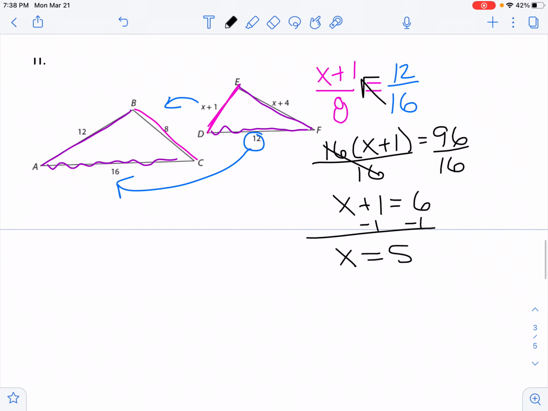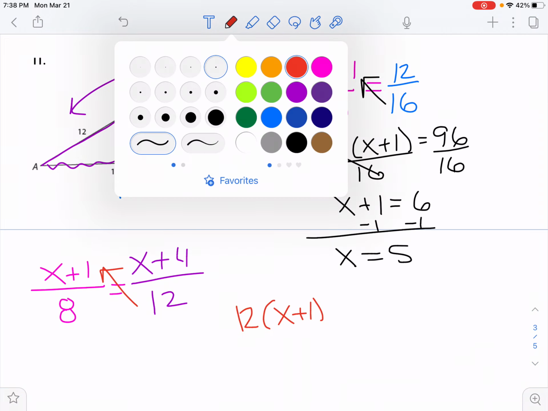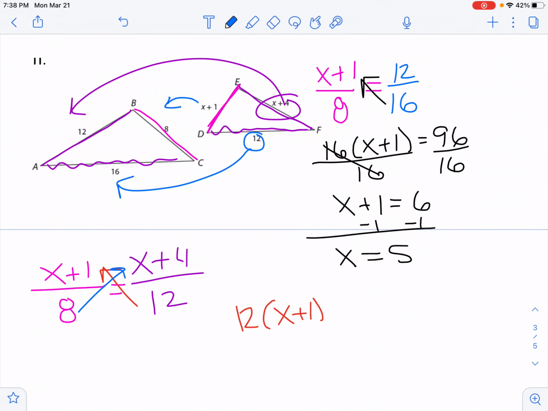Now remember, I said you could do that the harder way. So x plus 1 over 8 equals, you could use these two, x plus 4 over 12. And again, that works. You still just cross multiply. 12 times x plus 1 equals 8 times x plus 4.